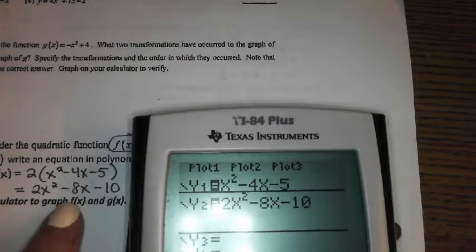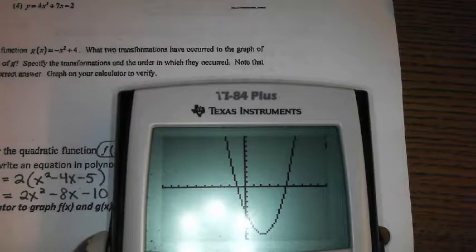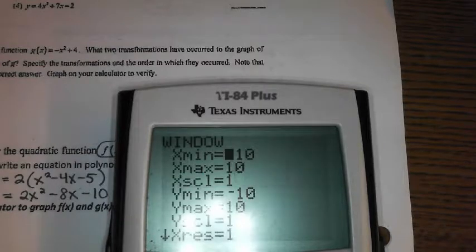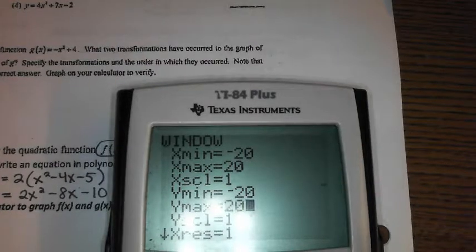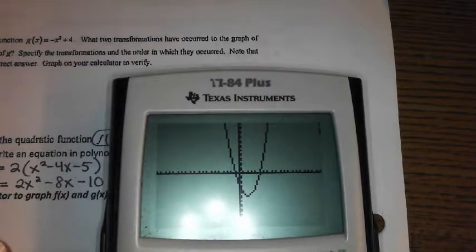You ready for this? Here's our original, and here's our vertical stretch. Let me open up my window. Negative 20 to 20. Maybe we'll show it better. Here's our original, and here's our stretch.